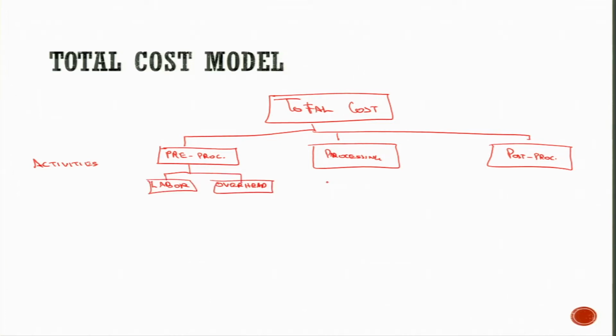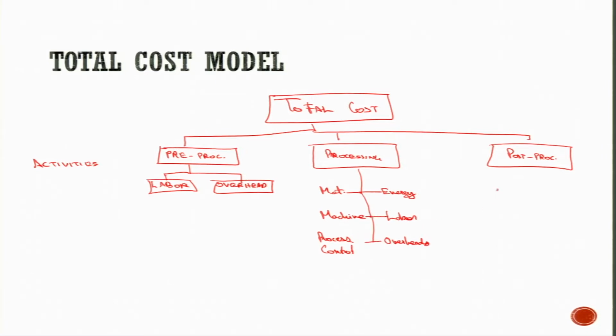And the processing involves material, energy, right? Then we have machine, labor, process control cost, then we have overheads. So these factors would come in the processing cost.